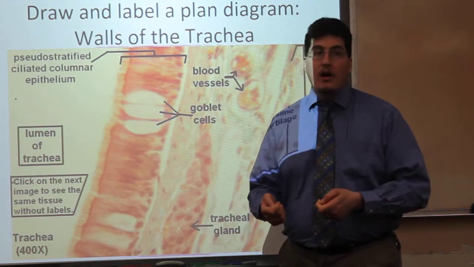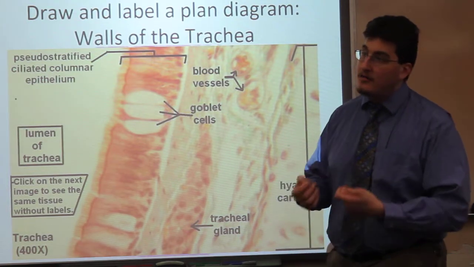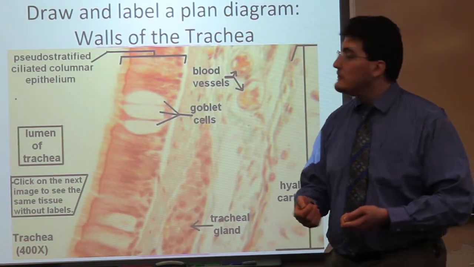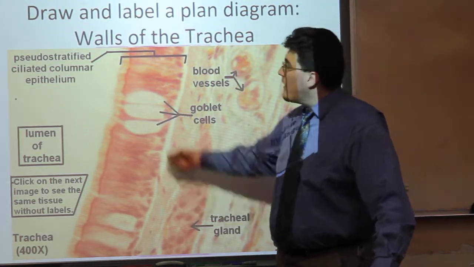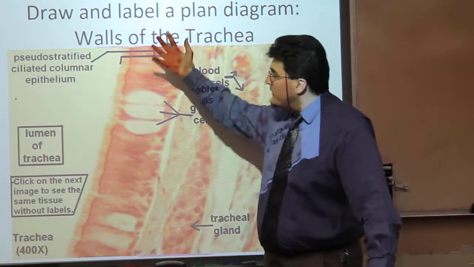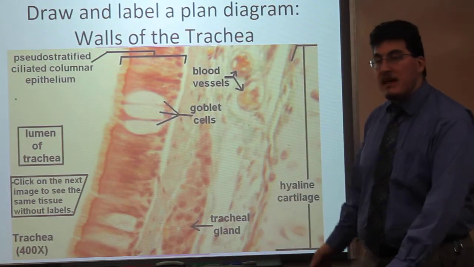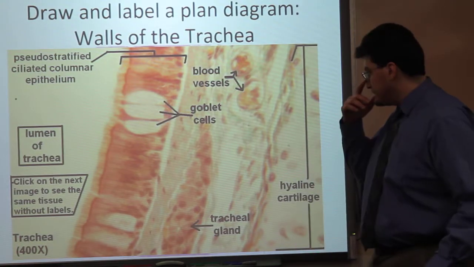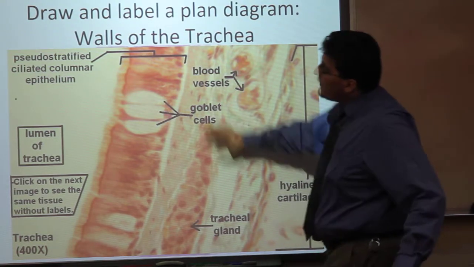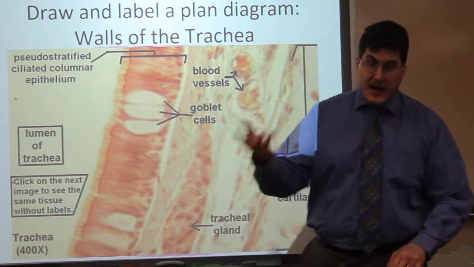It is columnar in that the shape of this layer of cells is columns. And it is ciliated in that there are cilia, like a shag carpet lining this, and it is epithelium in that it is the outermost layer of tissue in this organ. Now, it is also with goblet cells, the cells that are shaped like goblets.